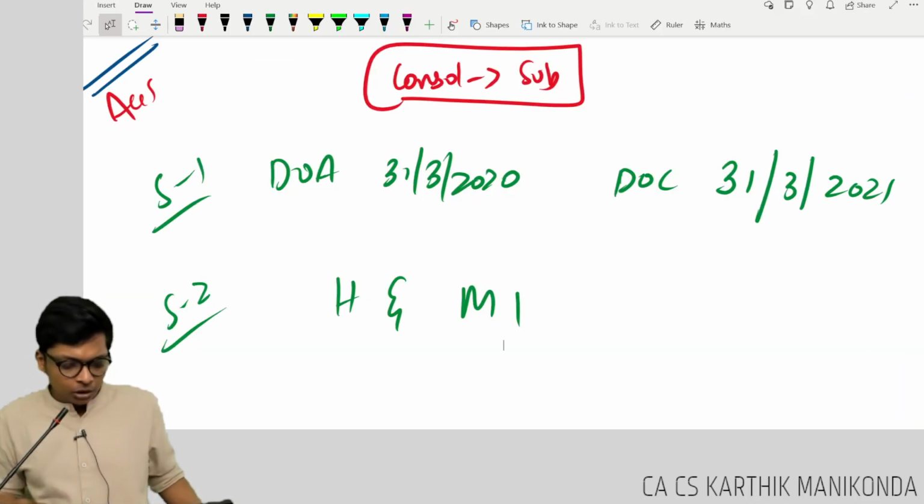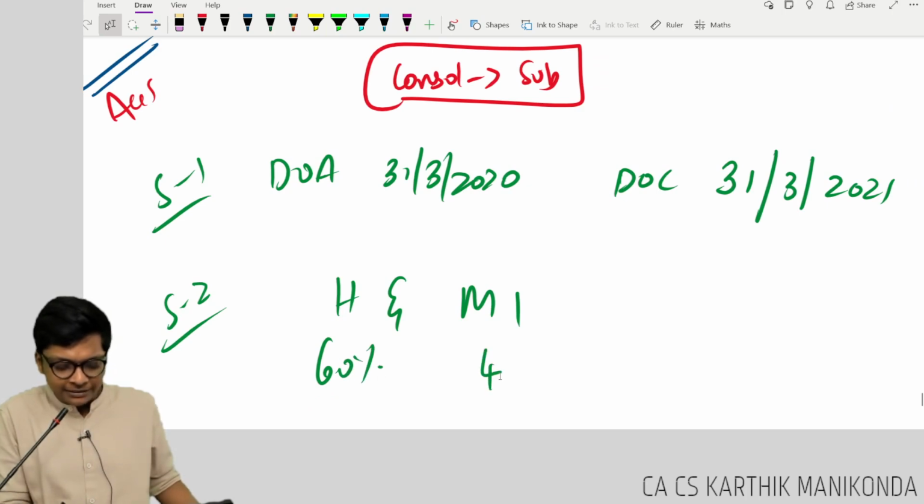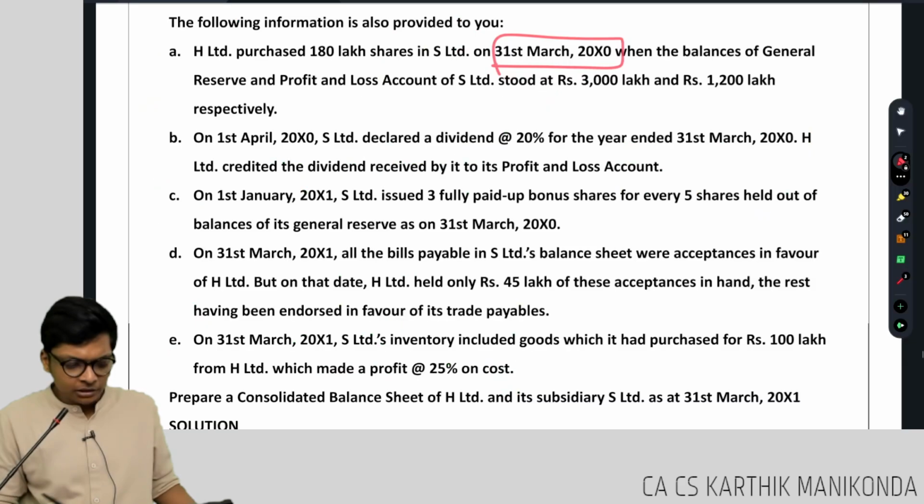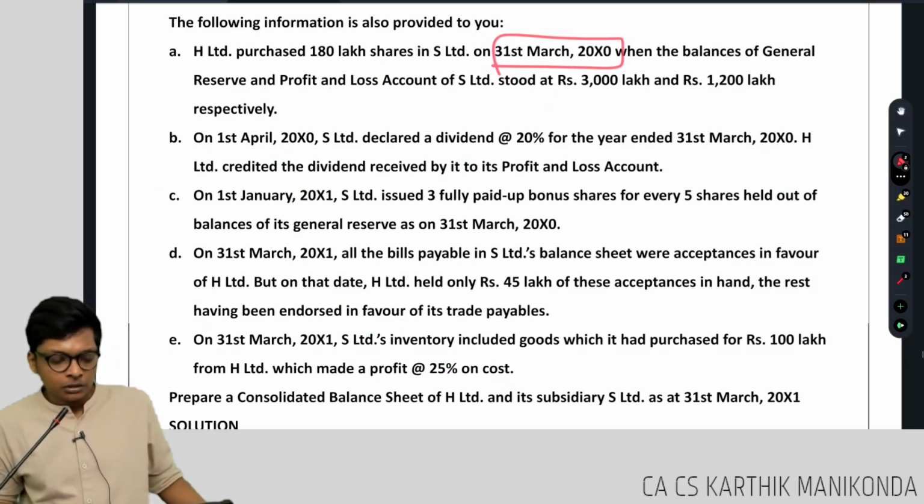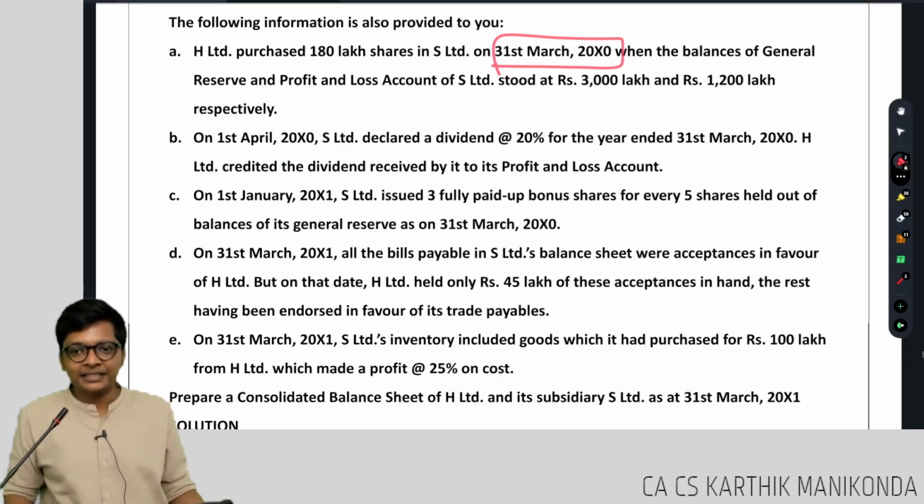Radharam says holding is 60, minority is 40%. 60-40. Everybody is saying 60-40.